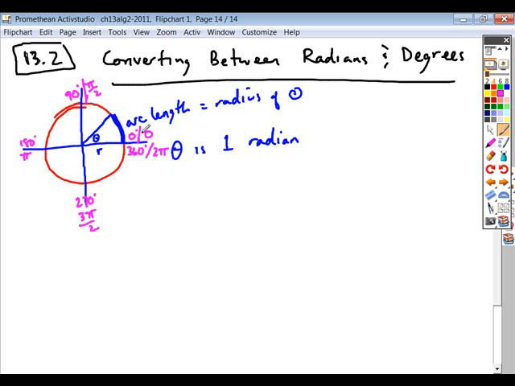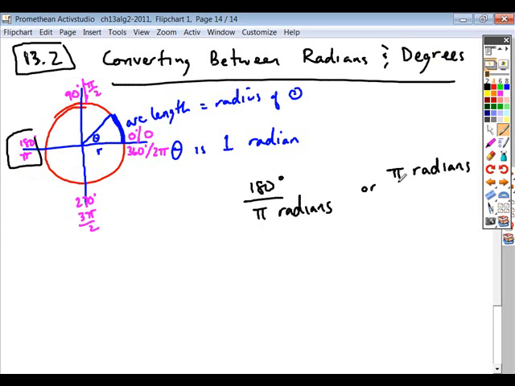So by using the fact that 1 full rotation around a circle is 2 pi radians, you can get a conversion factor between radians and degrees, and that is right here. 180 degrees is equivalent to pi radians. Or pi radians is equivalent to 180 degrees.